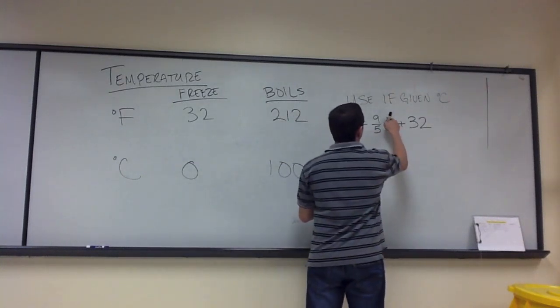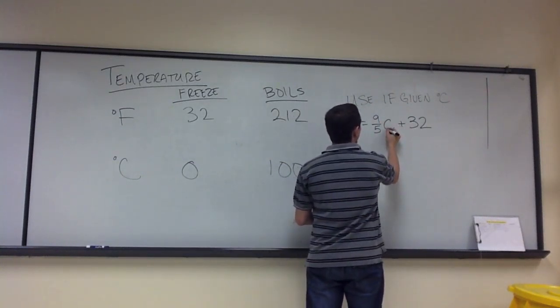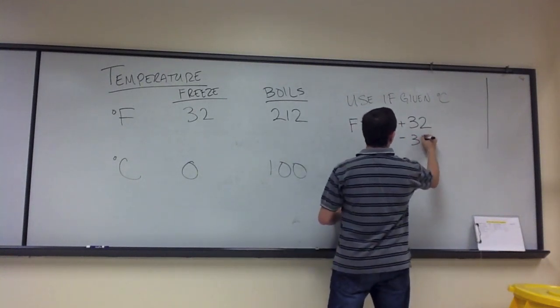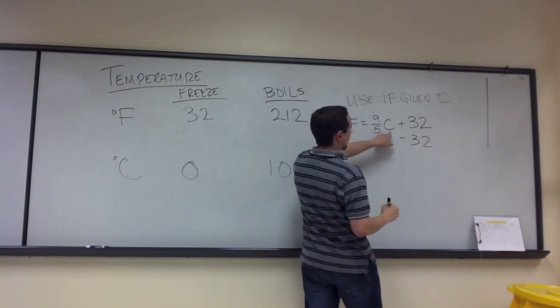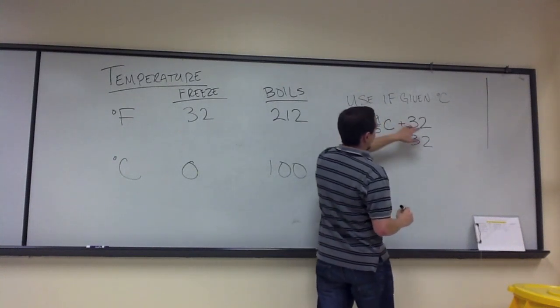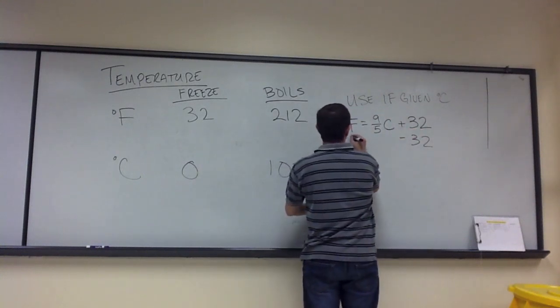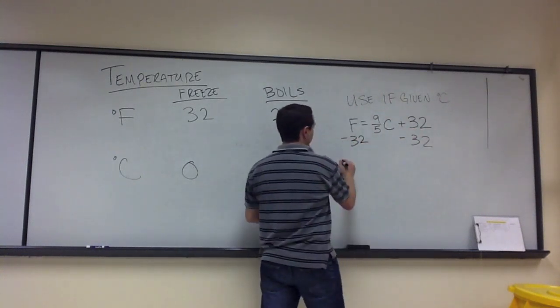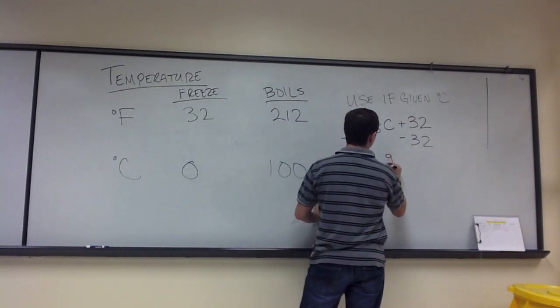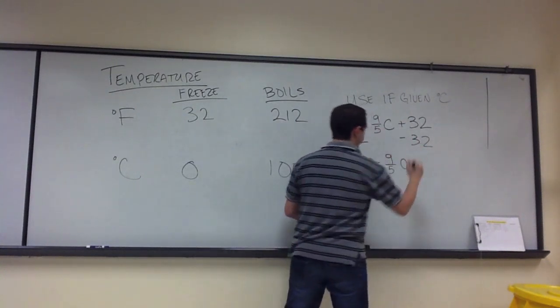So I'm going to solve for C. I'm going to start similar to the way I started with x, by subtracting 32, because 9/5 is multiplied by C. And I can't divide or do anything with that at this point in time until I get rid of this 32. So I'm going to subtract 32 from both sides, which gives me F minus 32 equals 9/5 C.